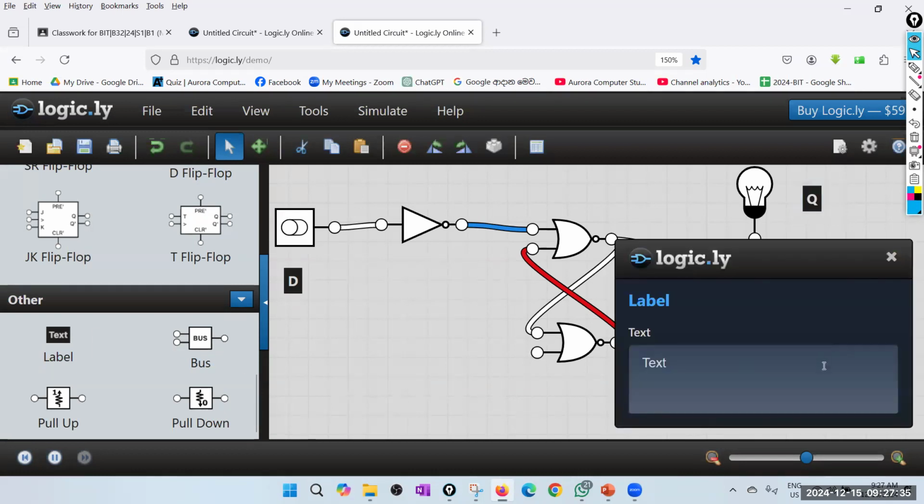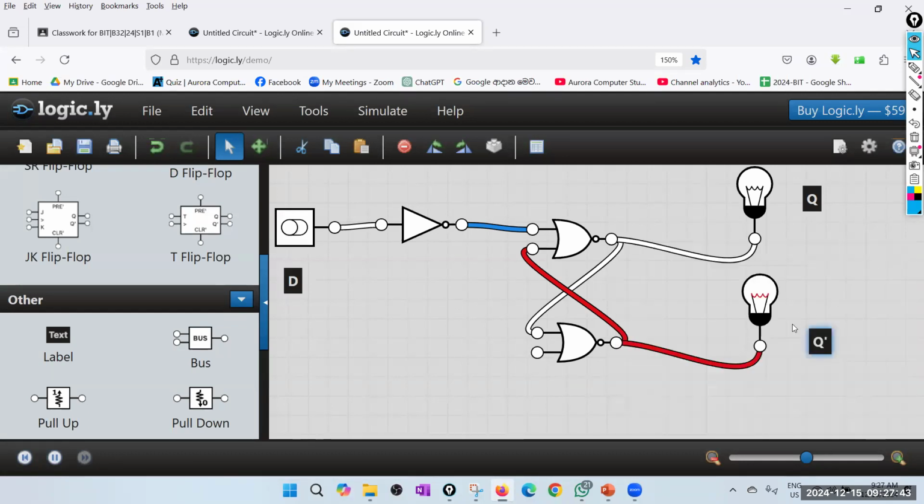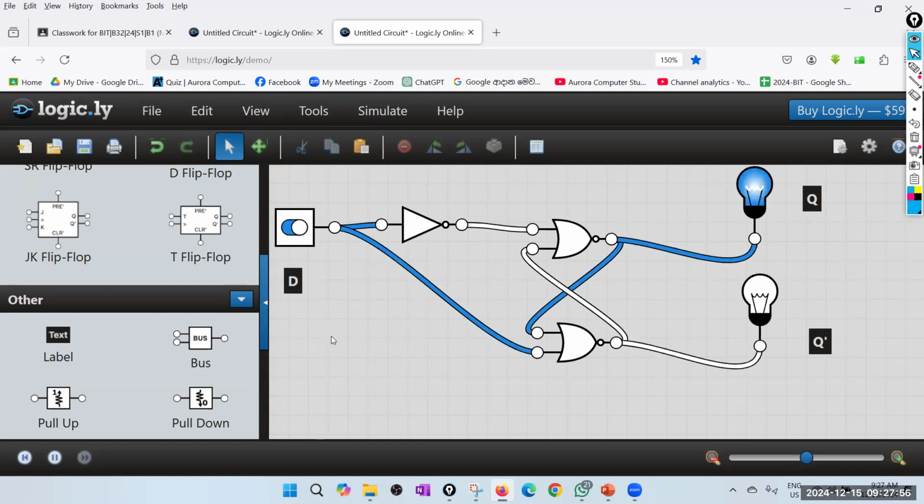Right. So this is 0. D is 0 means reset. D is 1 means set. So until you reset, it is set. Right. Until you set, it is reset. So D is 0 means reset. D is 1 means set. Okay, so that is how D latch works. It's a variation of SR latch. Okay.